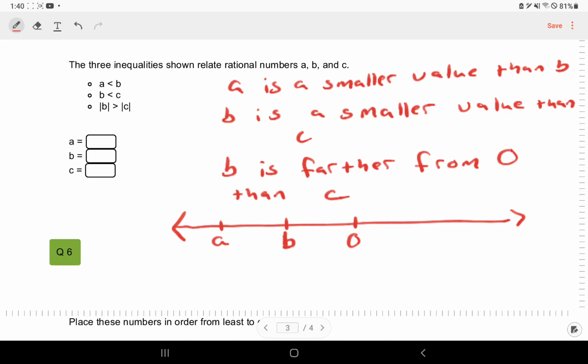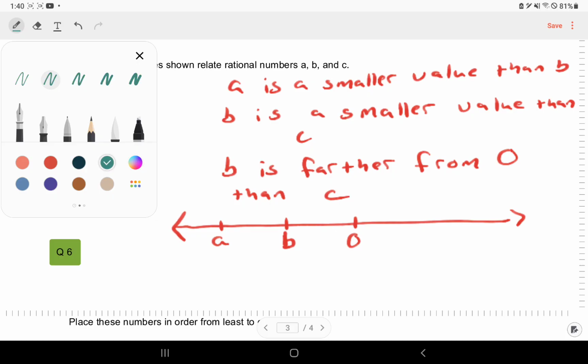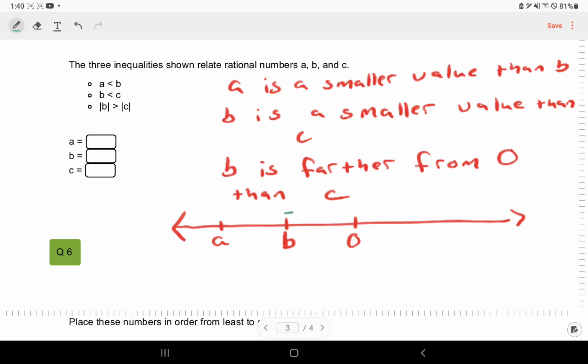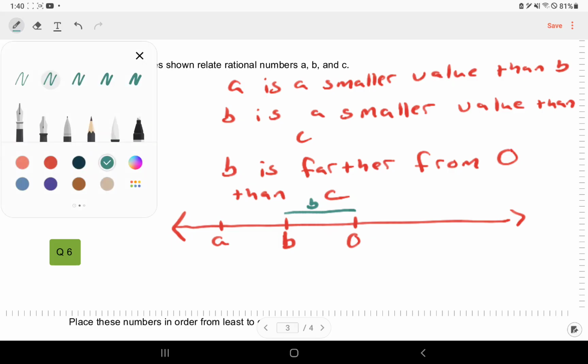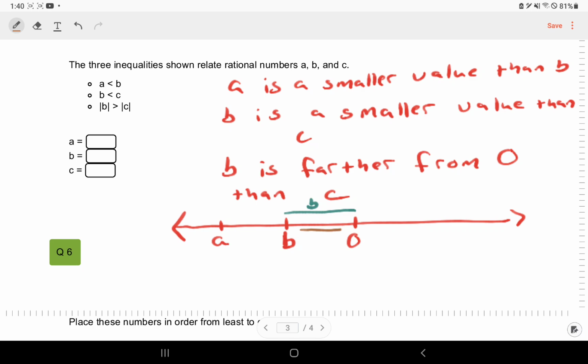Now C, this is where the tricky part comes in. If this is the distance for B to 0, then C has to be smaller than that. So C can be anywhere in this space.